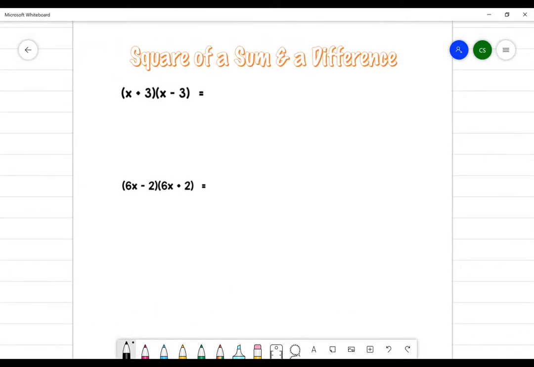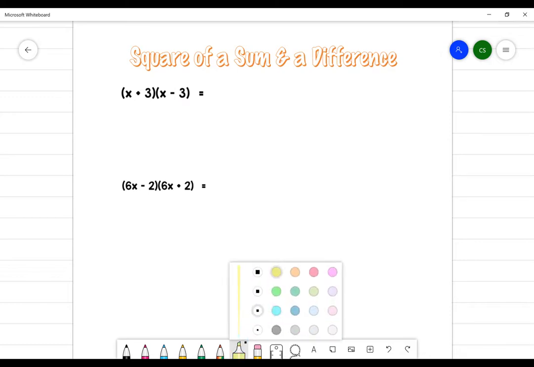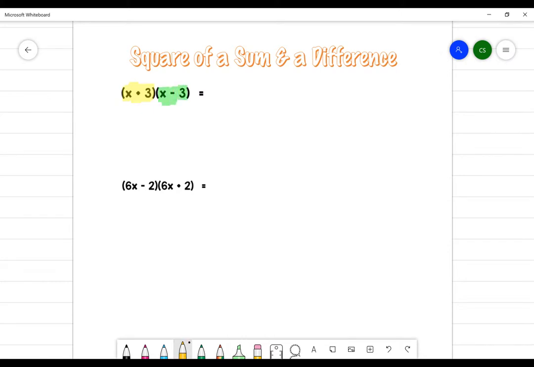All right, what if we have a square of a sum and a difference? That means in the middle, I got plus and minus. So I'm going to show you something that's going to happen, but we're going to take the same approach, multiplying binomials by binomials, taking every term in the first binomial, multiplying it to every term in the second one. So I'm taking x and distributing it to x minus 3.